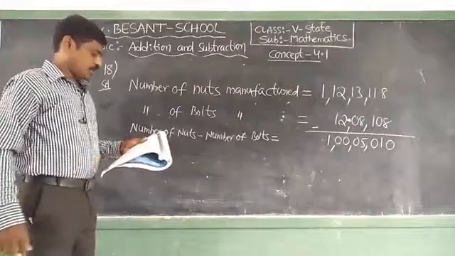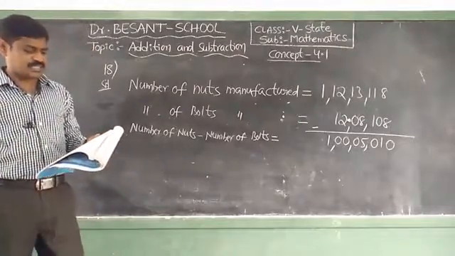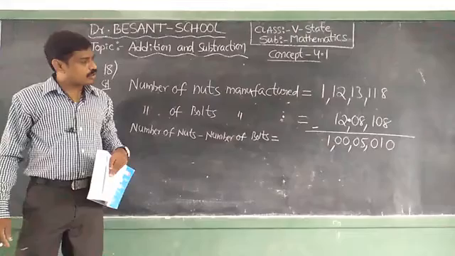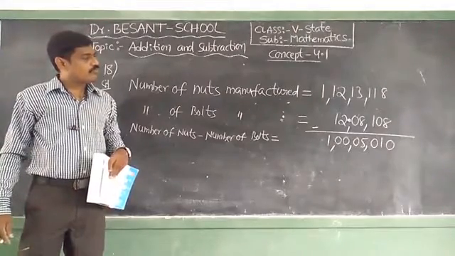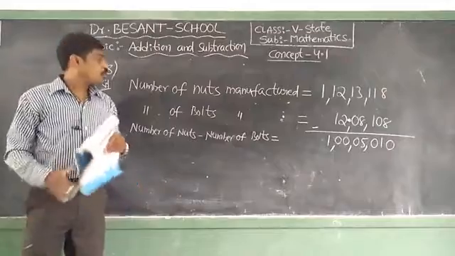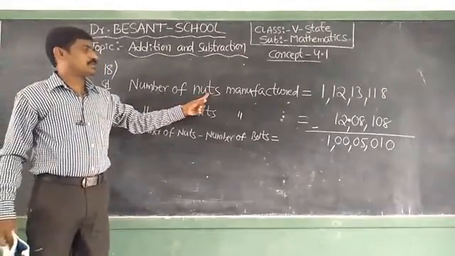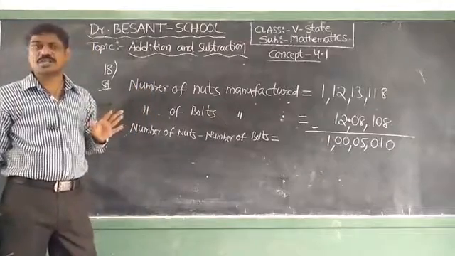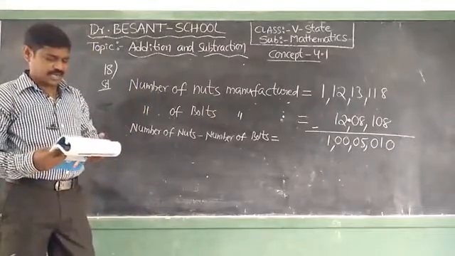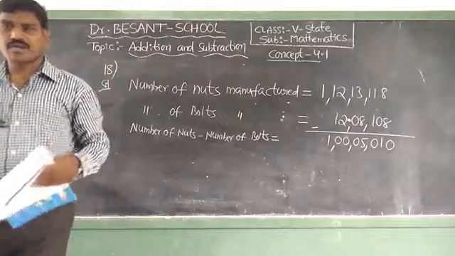So, therefore, the factory manufactures 1 crore 5,010 nuts more. Okay, children. So, this is the 18th one solution. Okay, once I will show this.